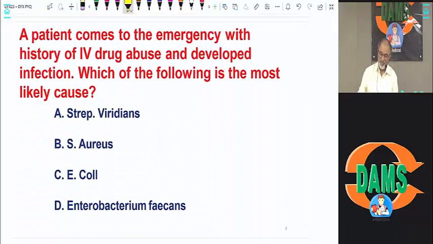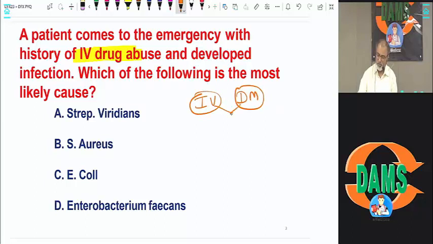A patient comes to the emergency with a history of IV drug abuse and develops infection. Which is the most likely cause? Please remember, wherever there is intravenous drug use or diabetes mellitus, you think of these three organisms. Number 1, Staph aureus on the gram positive side.